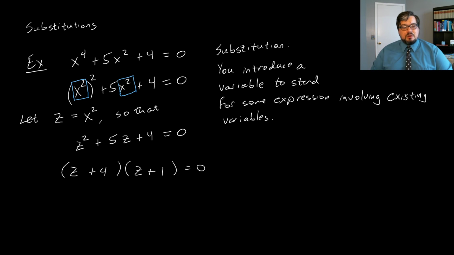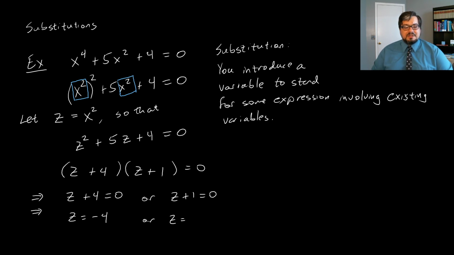And so we can use the zero factor theorem to say that, therefore, z plus 4 equals 0, or z plus 1 equals 0. But that means that z equals -4, or z equals -1.